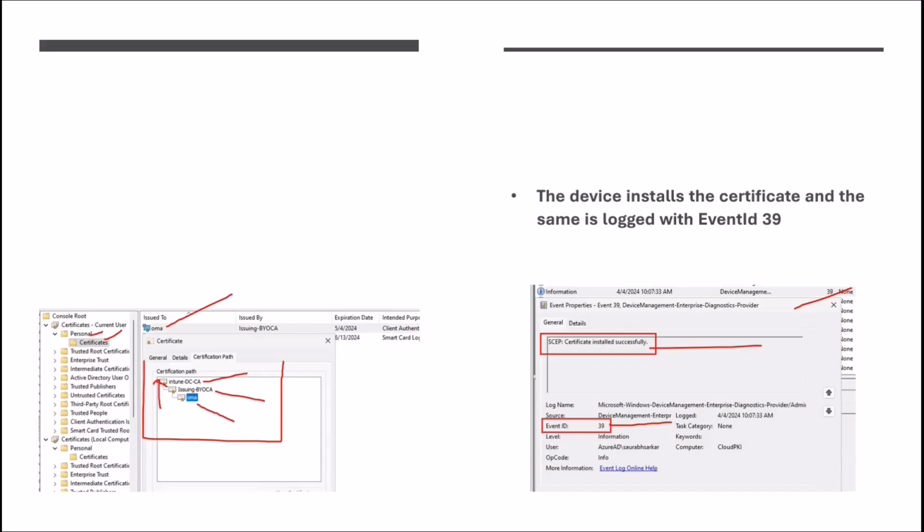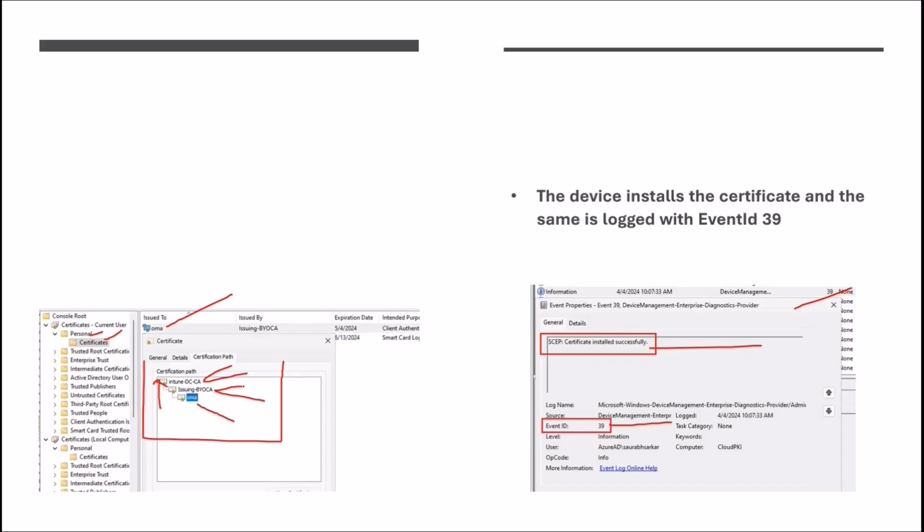Now I have not spoken to you guys about the hierarchy or the setup of Cloud PKI. I'm going to do that next. But this Intune-DC-CA, this is the root CA, and this is present on premise. And this issuing BYOCA, this is the issuing CA which is present in the cloud.